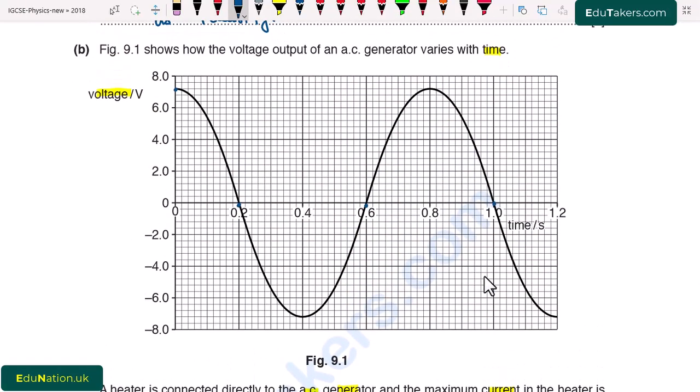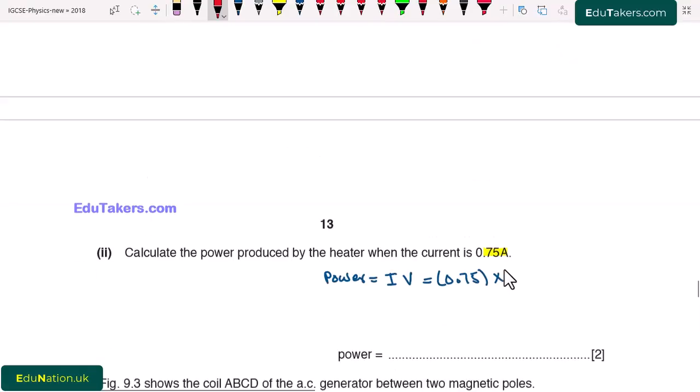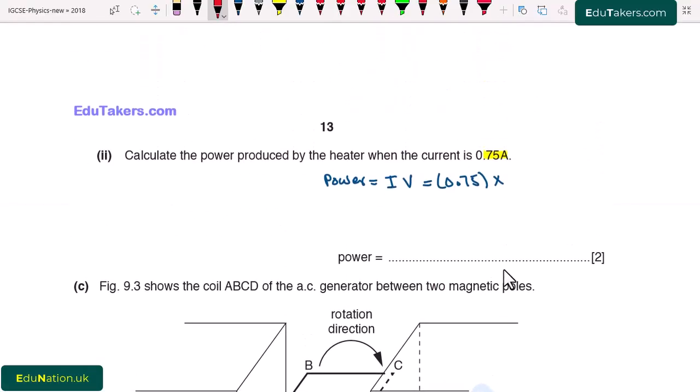We can see here at this point the value of voltage is 7.2. So I write here 7.2. So the value of power comes to be 5.4 watt. Power is equal to 5.4 watt.